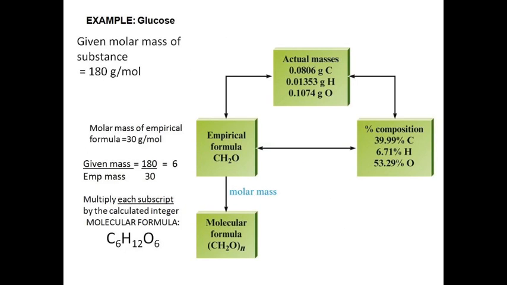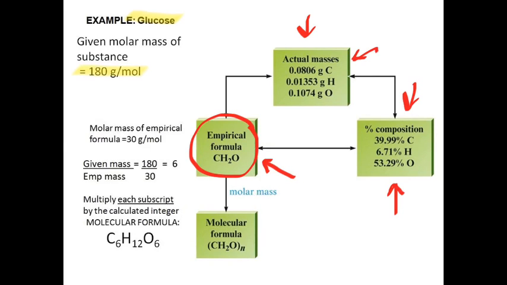If we look at the example of glucose, if we are just given the masses, we can calculate the empirical formula. We can calculate the empirical formula from the percent composition. However we do it, we end up with the simplest whole number ratio is CH2O. But yet, we are given in all of this that the molar mass of the substance is actually 180 grams per mole.